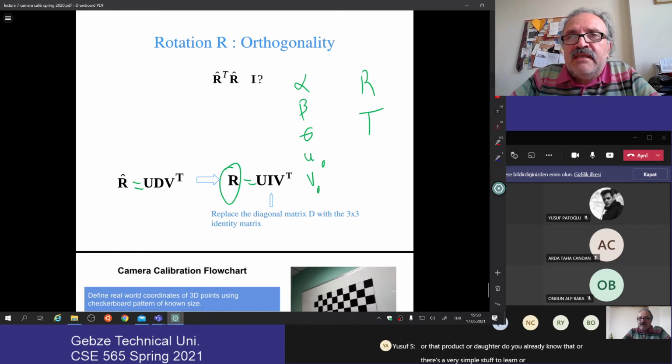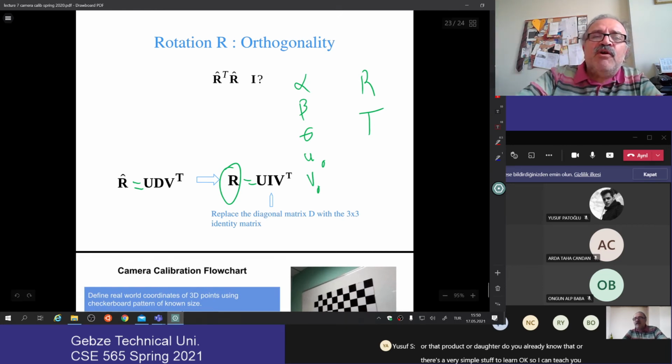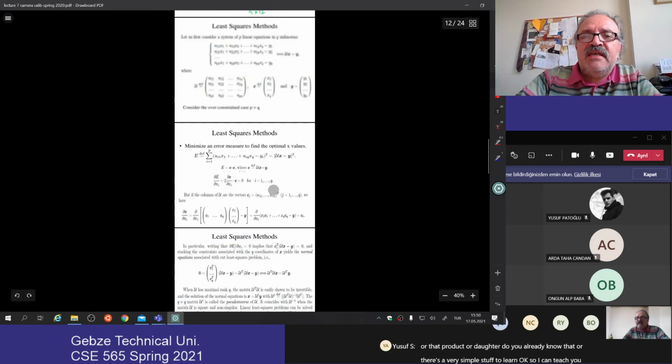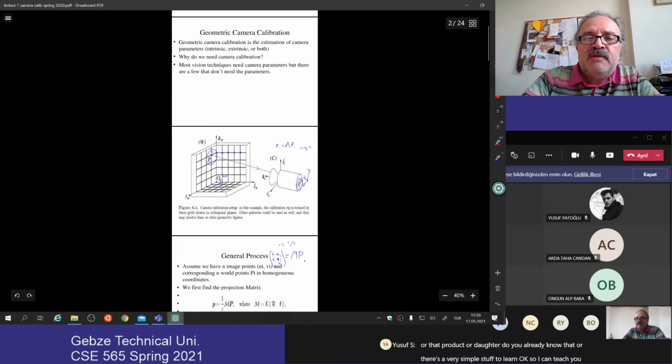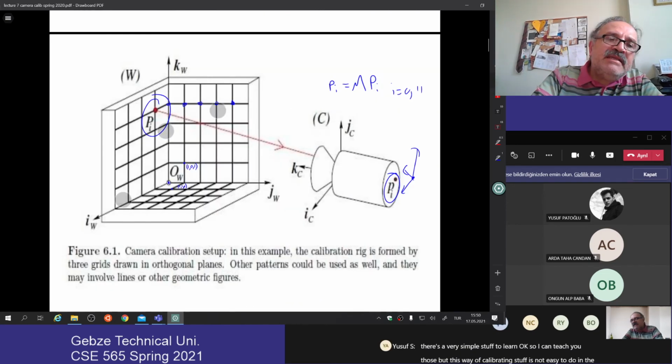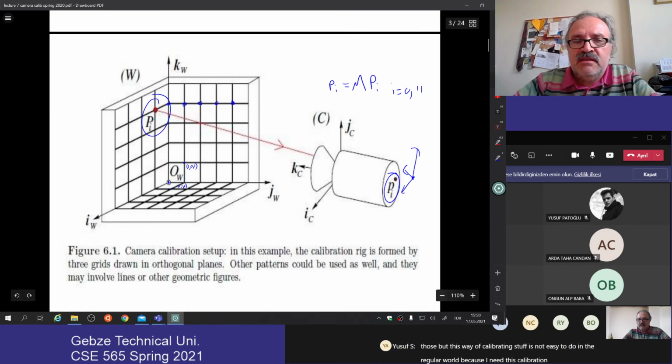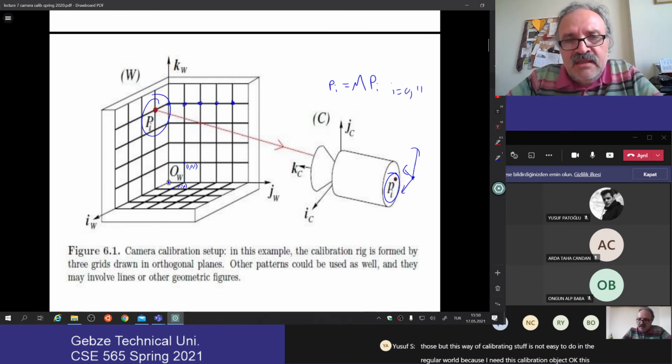Okay, so I can teach you those, but this way of calibrating is not easy to do in the regular world, because I need this calibration object. Okay, this is a three-dimensional object. It has to be specially prepared.